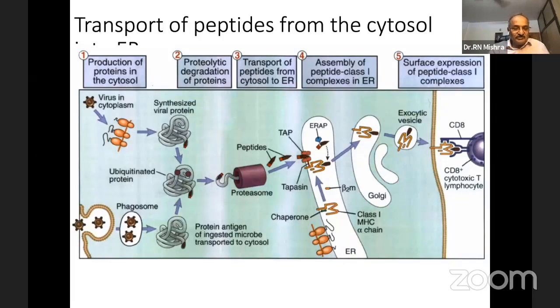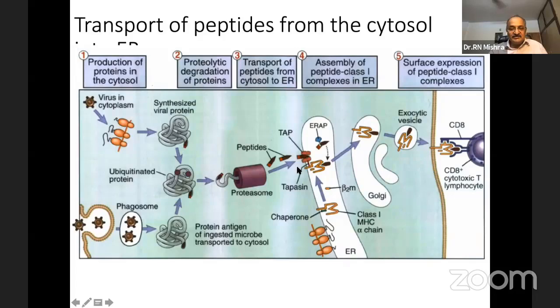All normal proteins that are not required by us, antiviral protein or the tumor protein, are digested by the proteasomes into small peptides.